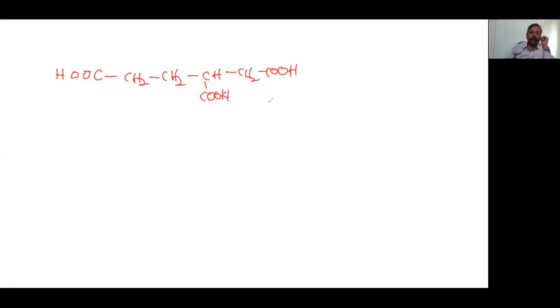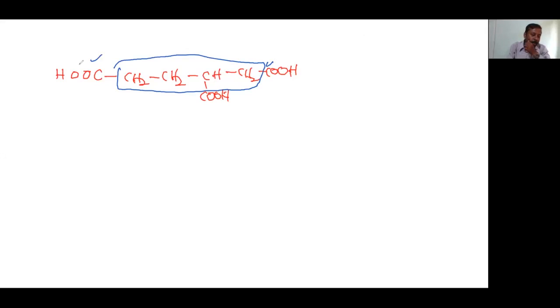Now I am explaining with proper explanation so that you never miss this type. Here this is the main chain, because if I take this and this as the main chain, I will be missing this one.